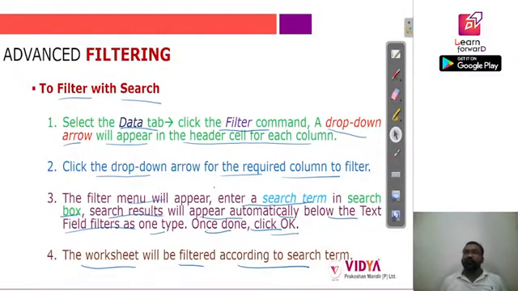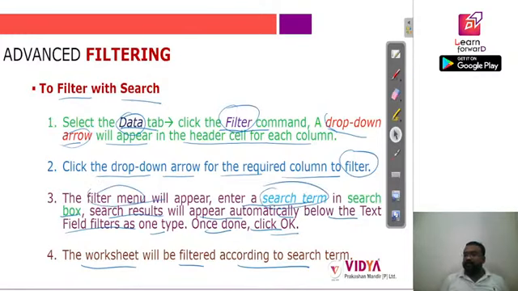I hope this is clear to you. So it is simple. What we have to do is go to the Data tab, then click on the Filter command. Once we click on this, the drop down arrow will appear, and then you go to the particular column based on which you want to perform your filtering. When you click on this drop down arrow, a filter menu will appear.